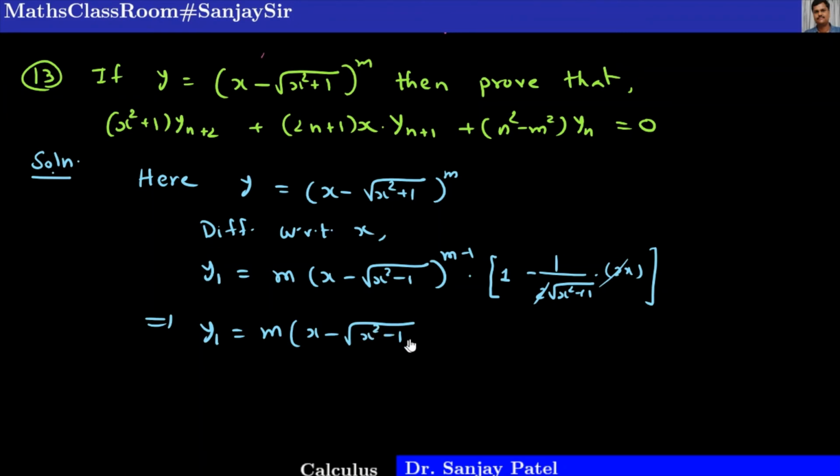So y1 is equal to m into (x minus square root of x square plus 1) whole raised to m minus 1, into, taking the LCM in the square bracket, square root of x square plus 1. What I get here is square root of x square plus 1 minus x. That is important.